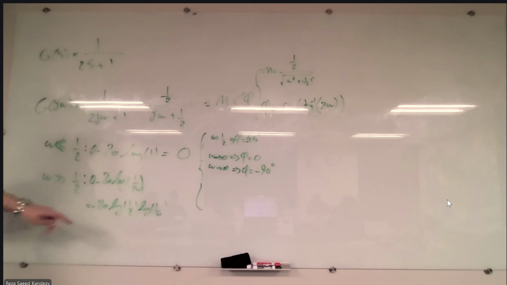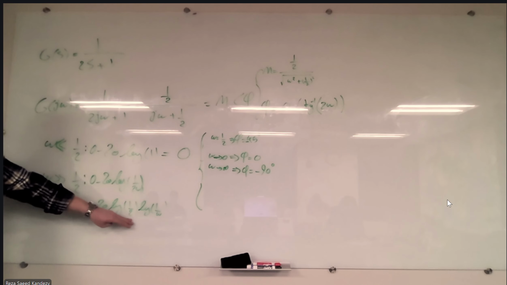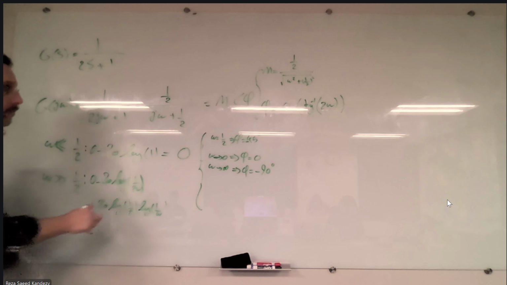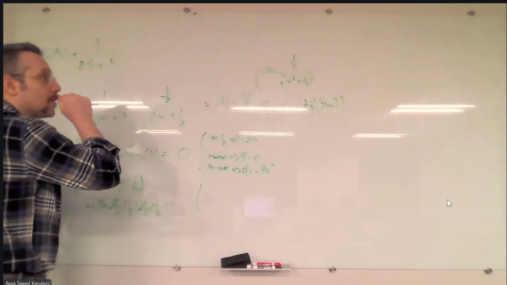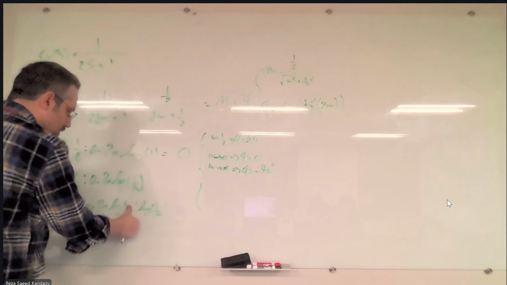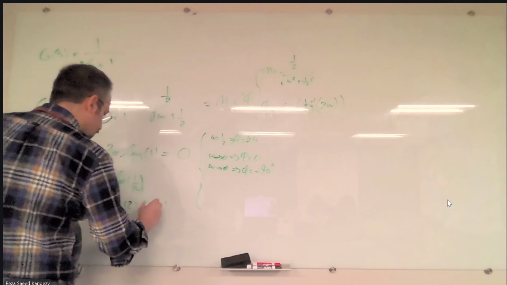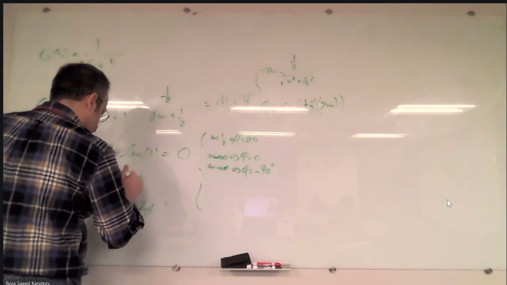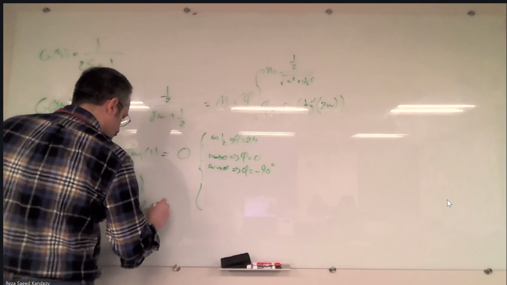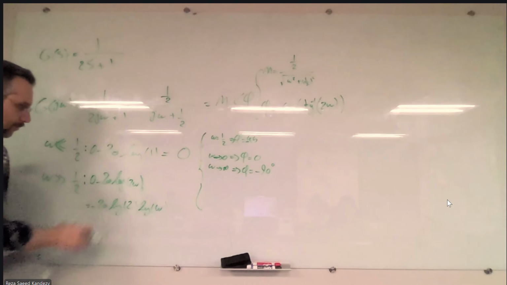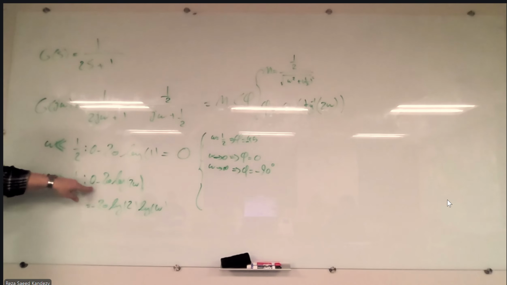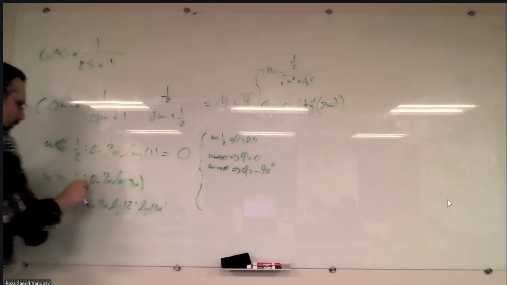Now, this part, oh, sorry. This is 0, this is going to be 2 omega. That denominator is 20 log of that value.